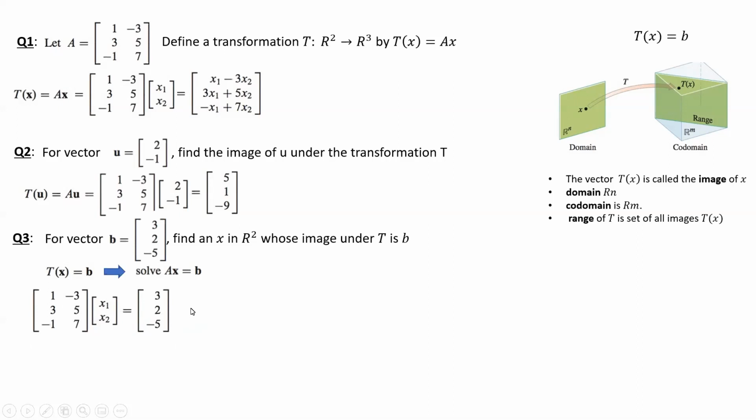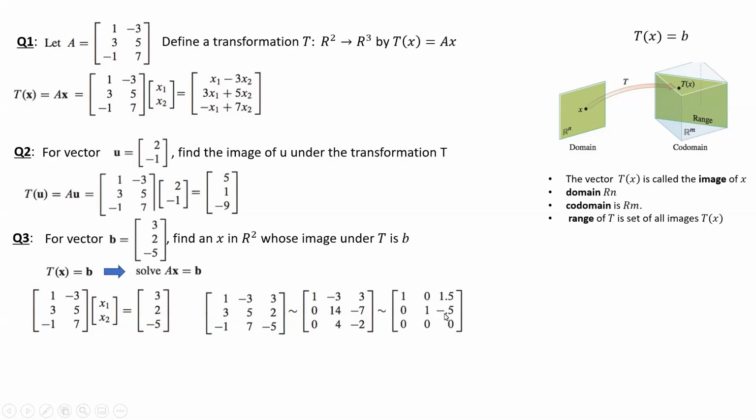So we know that the best way to approach the solution is to write down the augmented matrix and then reduce it to echelon form. We identify the first pivot column, and then we reduce the second column to pivot form, which gives us a reduced echelon form, which is very convenient because we can use the first row to write down the solution for x1, and the second row for x2.